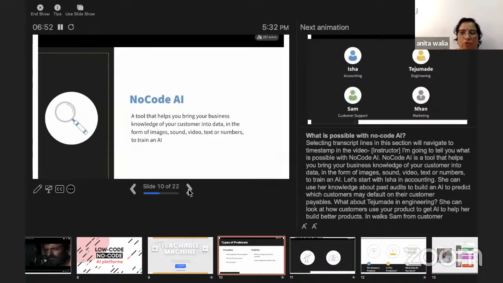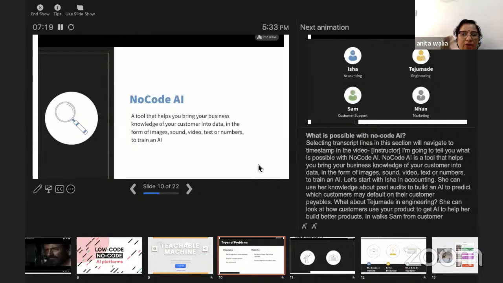When we talk about no code AI, it is a tool that helps you bring your business knowledge to the customer. Let us look at some examples first, and then try to understand how no code AI can work with data in any form, whether image or sound data.